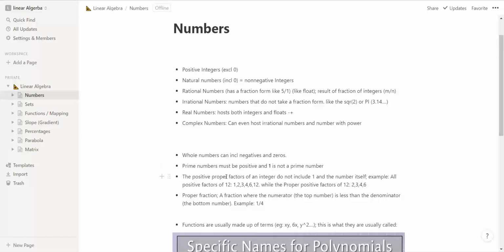The positive proper factors of an integer include 1 and the number itself. In a proper fraction, the denominator is actually larger than the numerator.